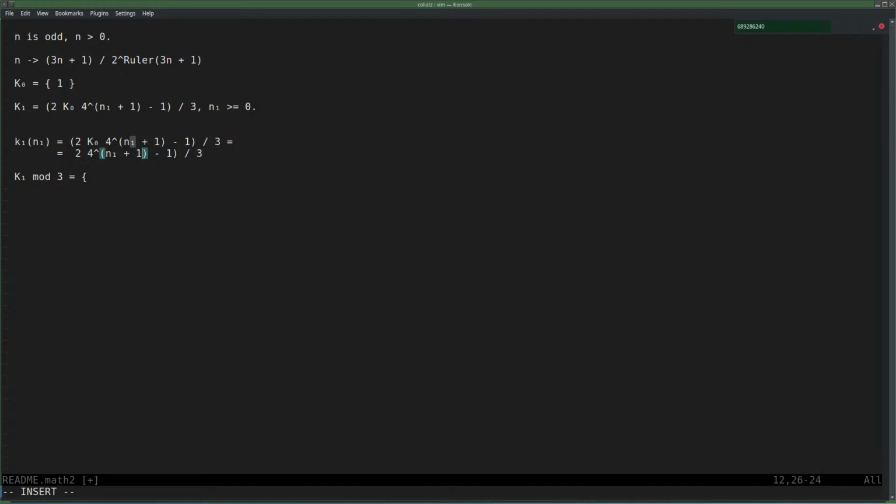So I just replaced K0 with the 1 now. But let's do some more steps at once. This plus 1 here, I can just get out of it. So that's an extra factor of 4 that we do here, and then this becomes an 8. And this 4 we can write as 3 plus 1.